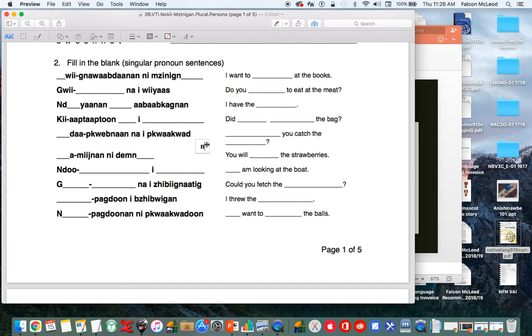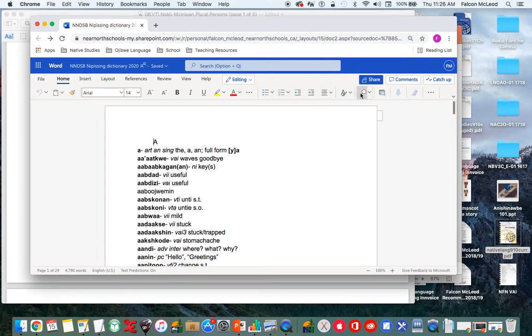N. Put that right there. So I want to, gna wab don. I want to. So gna wab don. If you don't remember that word, you can always look it up in the dictionary.